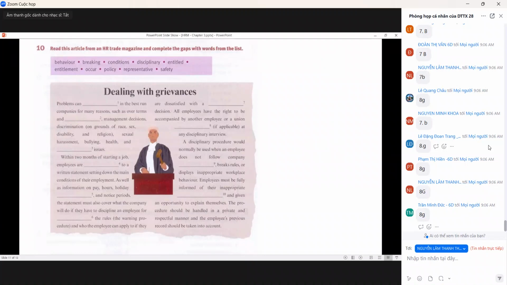Behavior, breaking, conditions, disciplinary, entitlement, occur, policy, representative, accepting. This is the process of dealing with grievances. Problems can what? In the best run companies for many reasons.